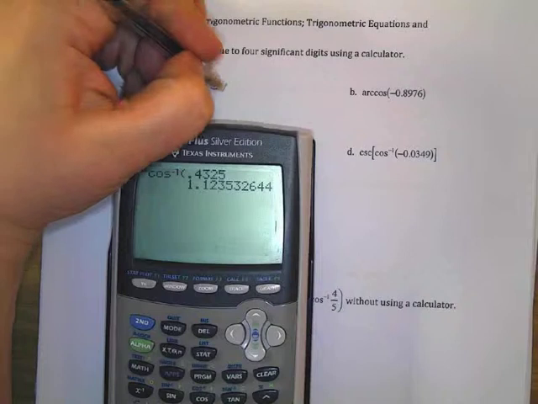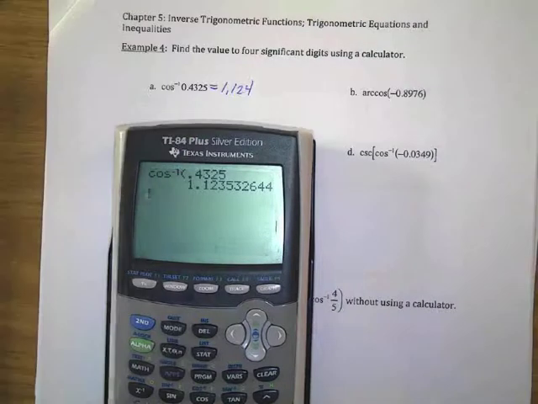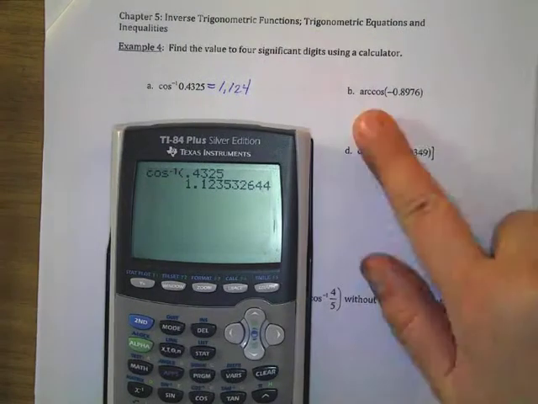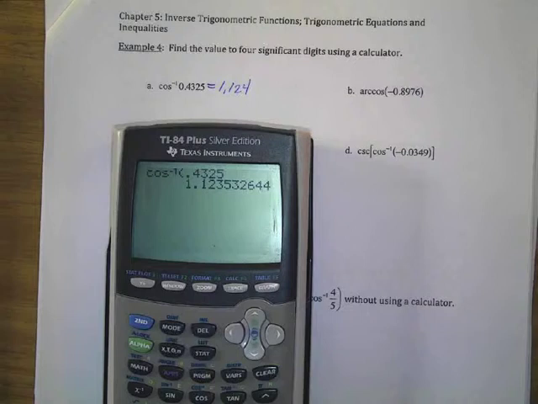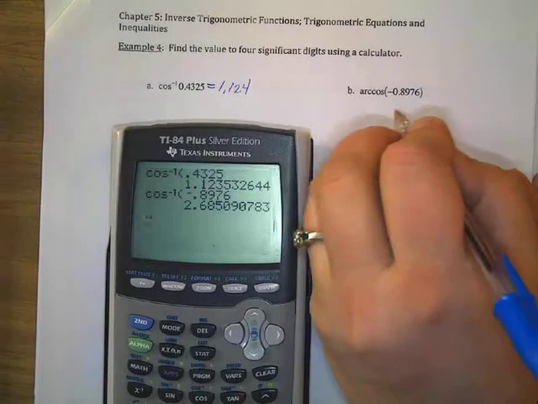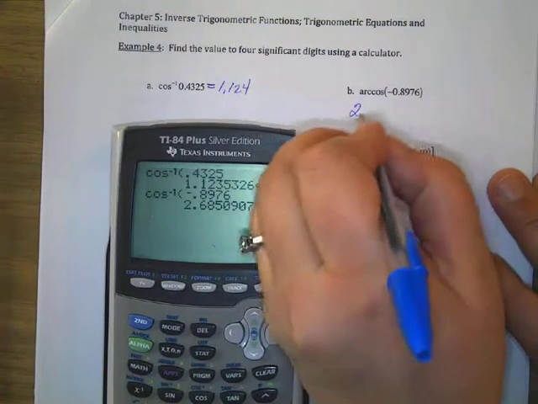So I got 1.124 for the first one. That's the angle in radians. Yes? What about part B? It says arc cosine. Does that mean we freak out? No, it's the same as inverse cosine. 2.8585685.